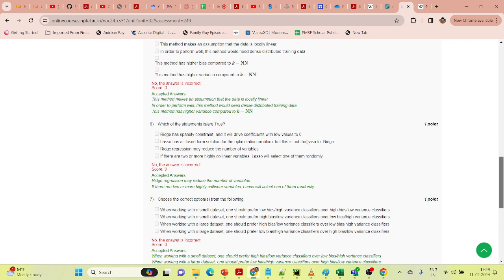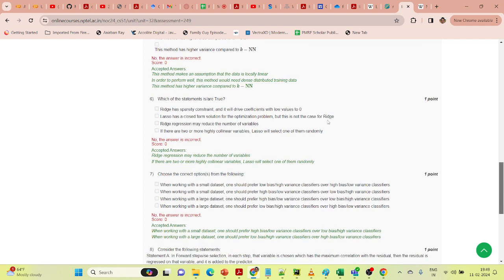So this is wrong. Second point: as you can see, ridge also has a closed form solution, as you derived as well. Okay, it may reduce also, it is called may actually. It may not be very close to 0. So reducing the number of variables is not correct when it comes to ridge regression. Lasso is better in that.